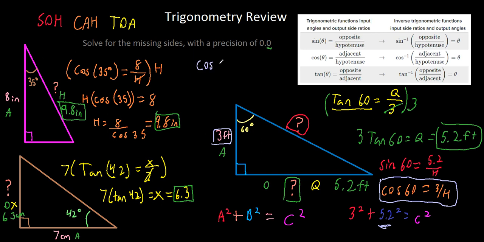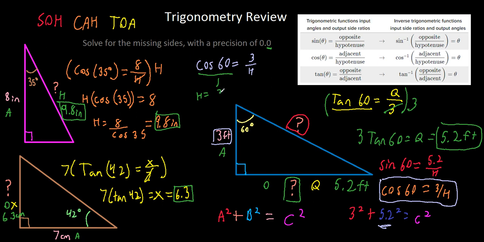The cosine of angle 60 equals 3 over the hypotenuse. We can do all this where we multiply by h and then divide by the cosine of 60. Or we could recognize that we could just put this over 1, and then just cross multiply and divide. So we do 1 times 3 divided by the cosine of 60 to equal h.